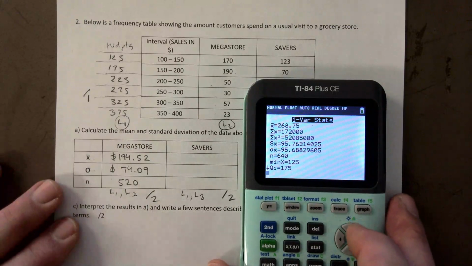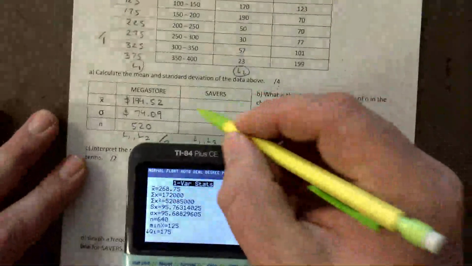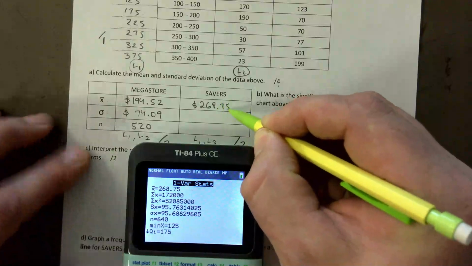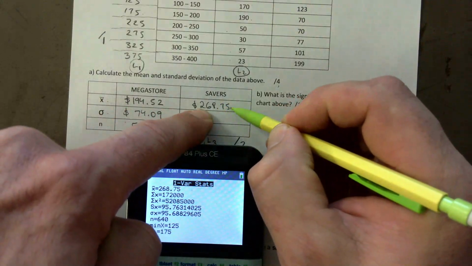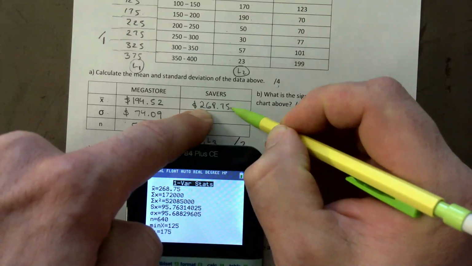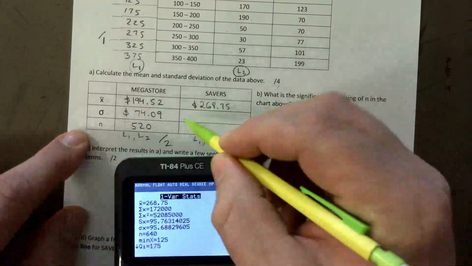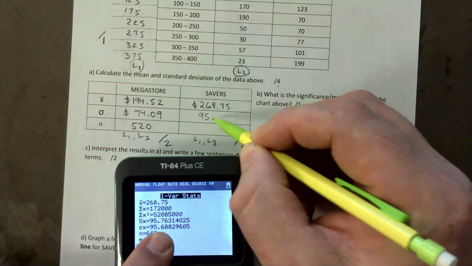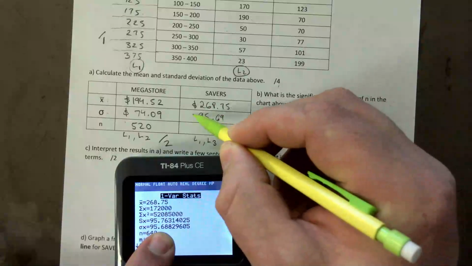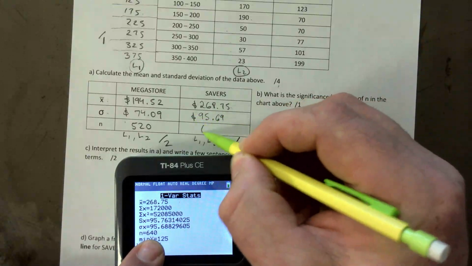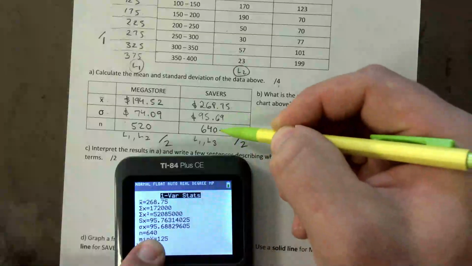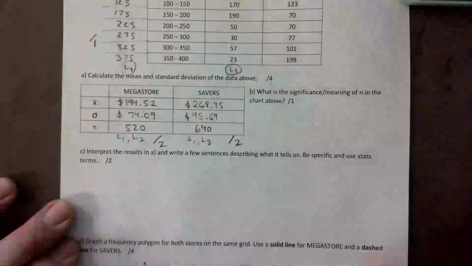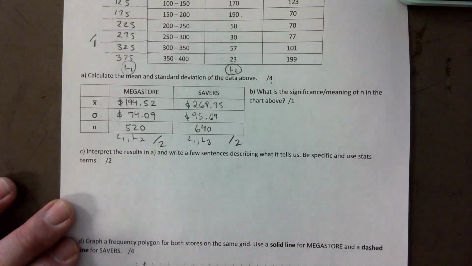And there it is, 268.75. So what do we know right off the bat there? That on average, customers spend more at Savers, okay? What's the standard deviation? 95.69, okay, dollars. And in this case, 640 customers were considered here to come up with that information, okay?